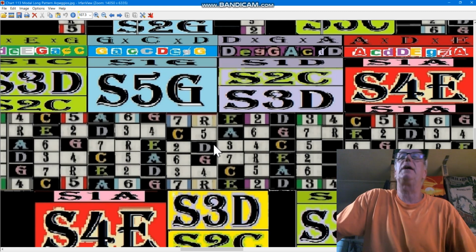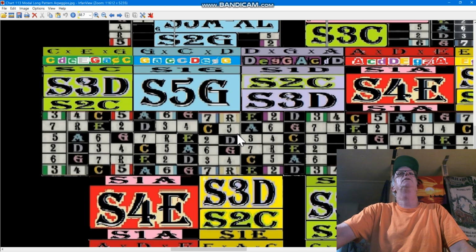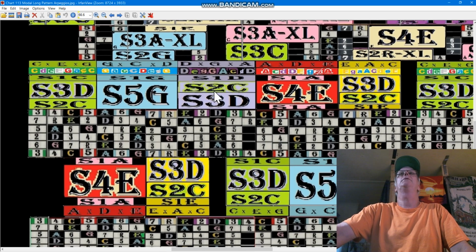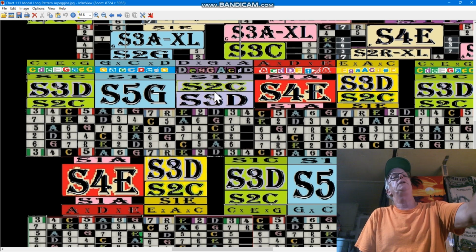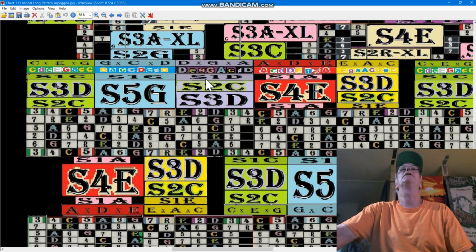So that's how that works. We don't want to get dragged under by the modals. It just goes up a pentatonic scale, whether it's major or minor. You make the adjustments there.